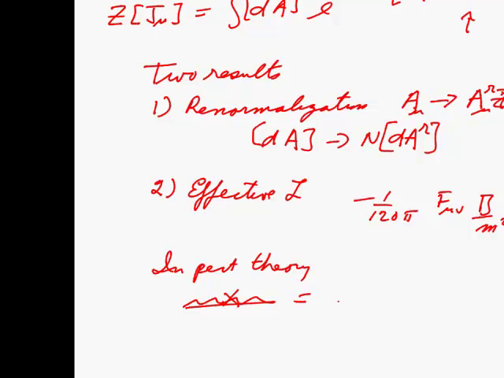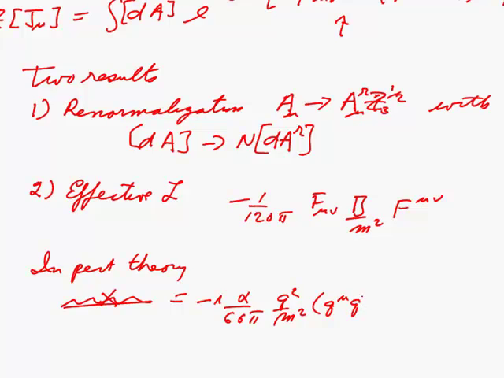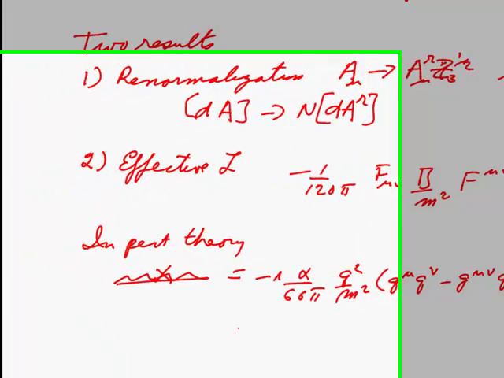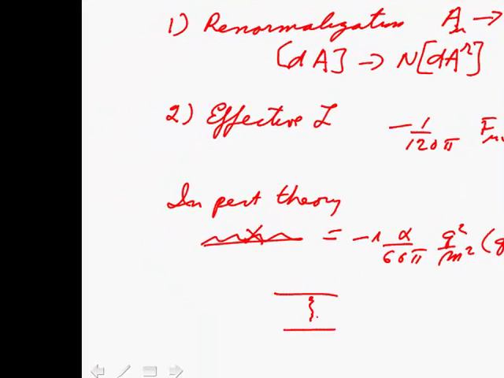That x ends up being minus i alpha over 60 pi, q squared over m squared, times q mu q nu minus g mu nu q squared, as before. So that's just the vacuum polarization, and you'd use that in a Feynman diagram where, let's say, you're doing some scattering of some other particle. You'd put that in there.